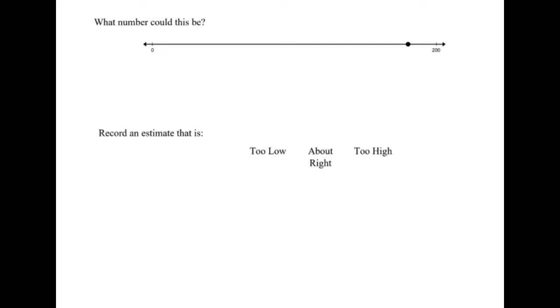Okay, now on this number line, you have a dot, and you have a 0 and a 200, and that's it. So you can see that this isn't completely helpful because you don't have all the smaller sections, if you will, of the number line to show you exactly where that dot is. Okay, if I would have all of these marks, I'm going to erase these, it's just going to look really bad for a second.